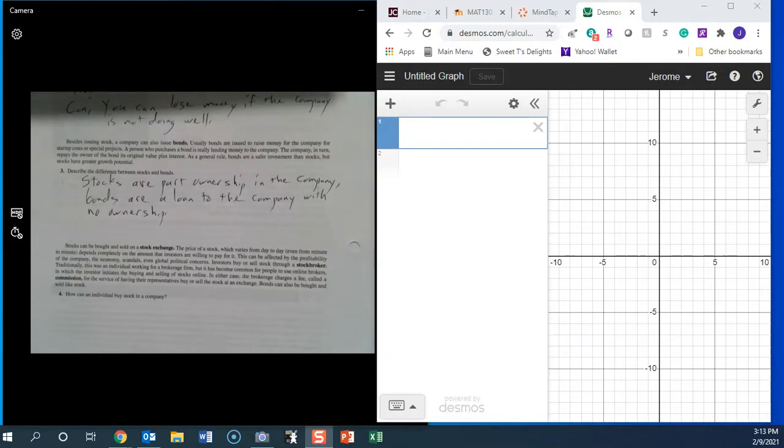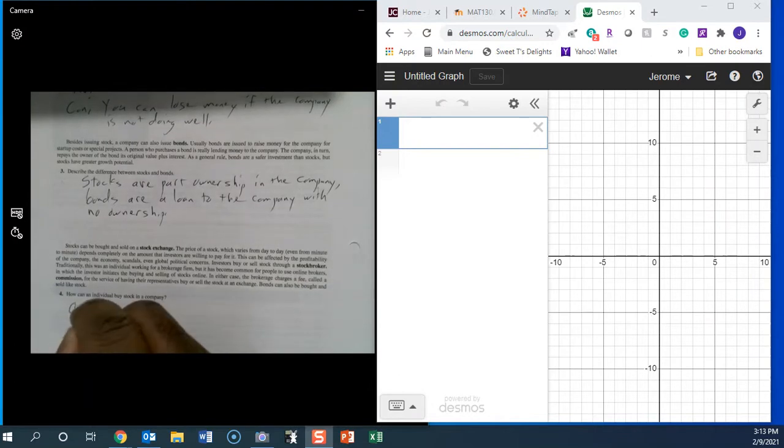In either case, the brokerage charges a fee called a commission for the service of having their representatives buy or sell the stock at an exchange. Bonds can also be bought and sold like stock. So number 4, how can an individual buy stock in a company?